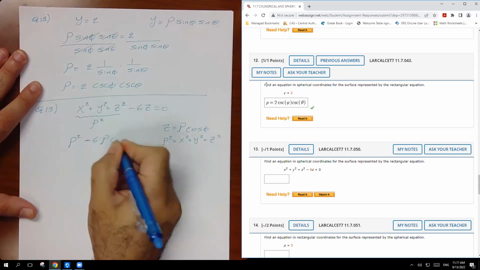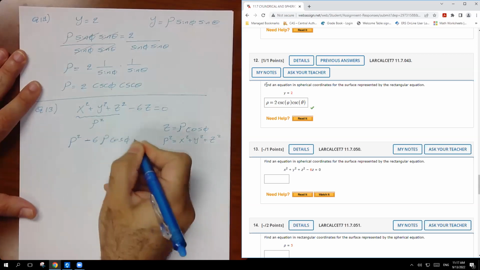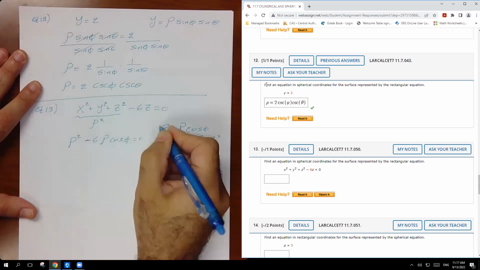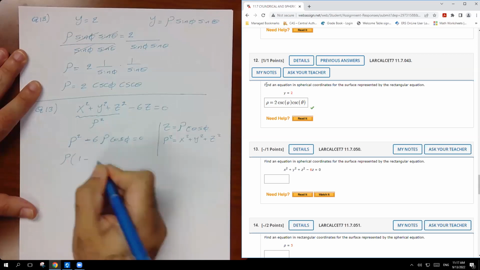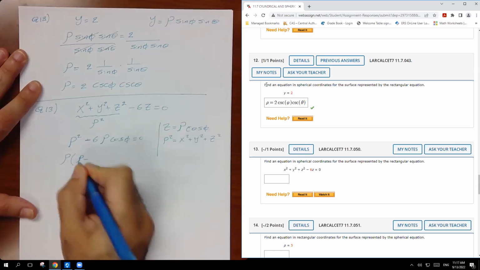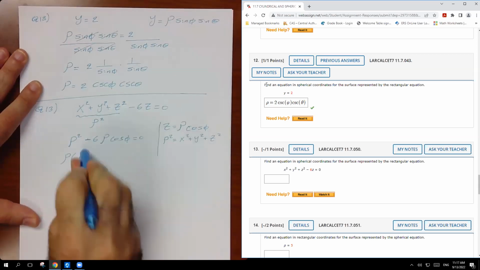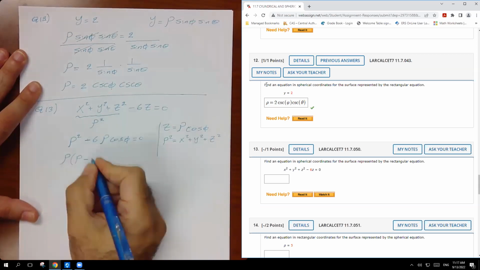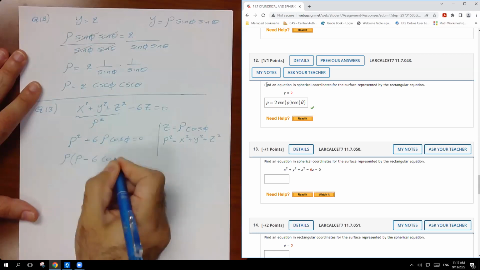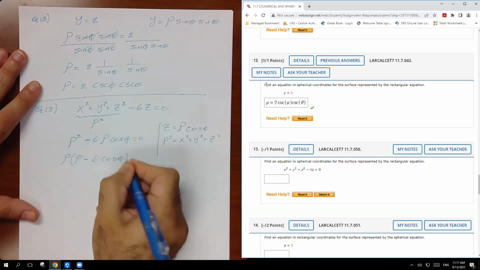rho cosine phi equals 0. Now, next step, I'm going to take rho as a common factor. So it's going to be rho times (rho minus 6 cosine phi) equals 0.